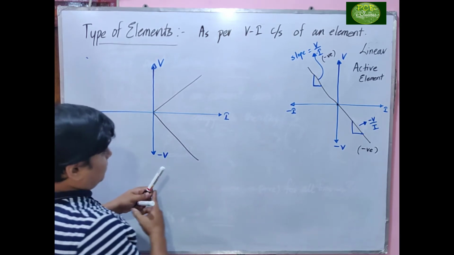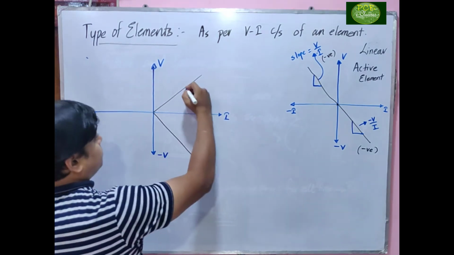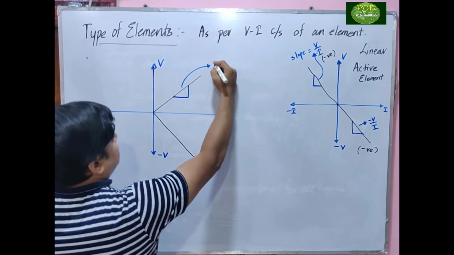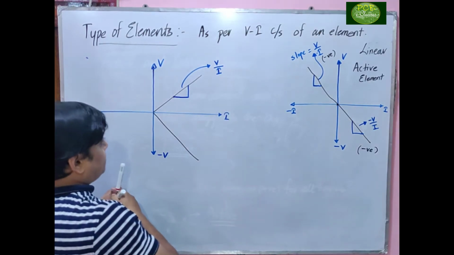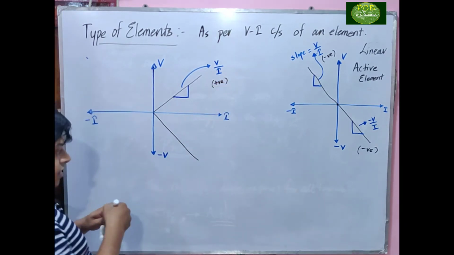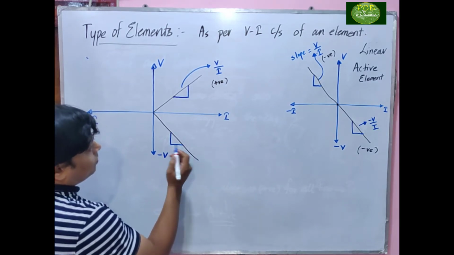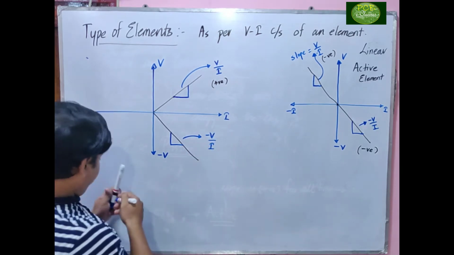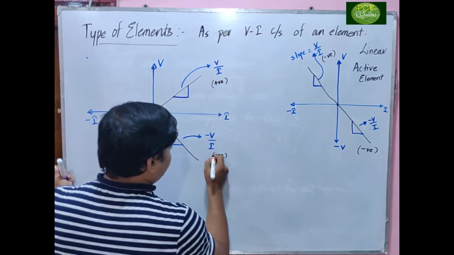What is the slope here? This will be the slope, V by I. It is positive. But if I find out the slope here, it is minus V by I, that means the slope is negative.